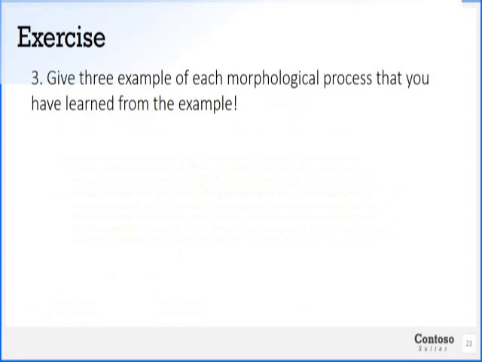And for number 3, here you have to give 3 examples of each morphological process that you have learned from the explanation. Sorry, typo. So you have to give 3 examples, because I have explained many kinds of morphological processes that commonly happen in the English language. So you have to provide 3 examples for each.